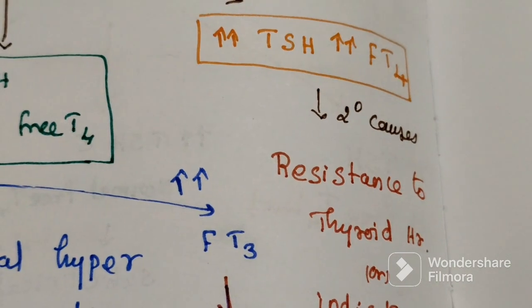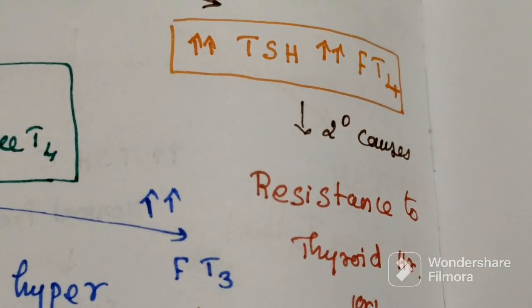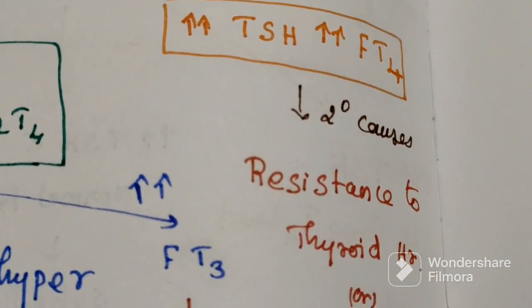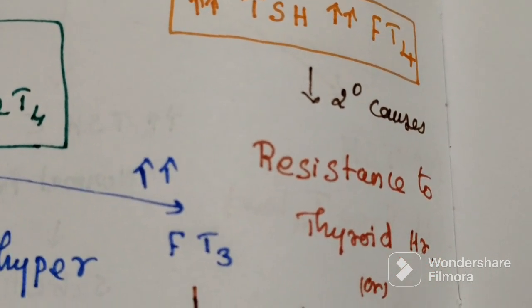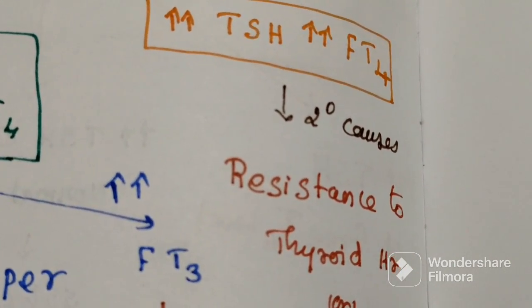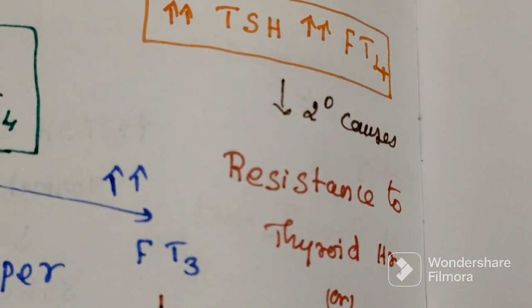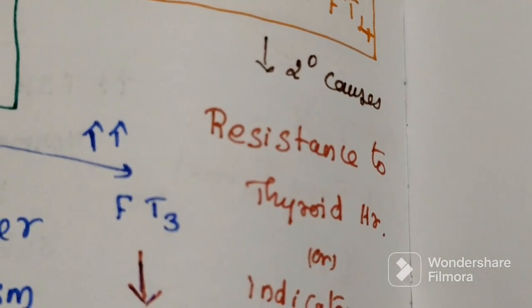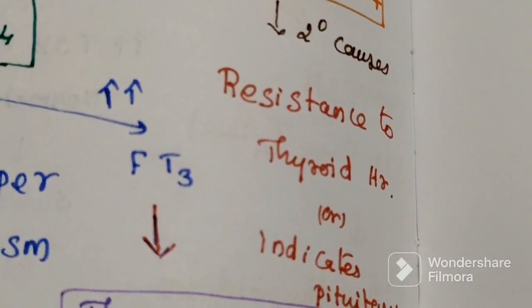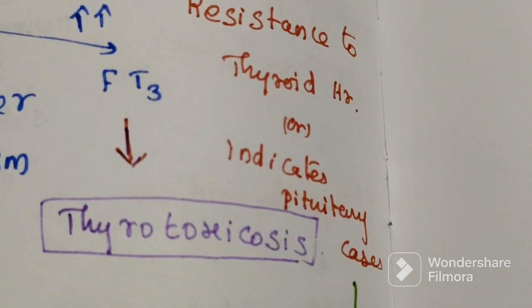In the third condition, there is increased TSH level along with increased free T4 level. Increased TSH with increased free T4 indicates secondary causes. It indicates either resistance to thyroid hormone or pituitary causes.